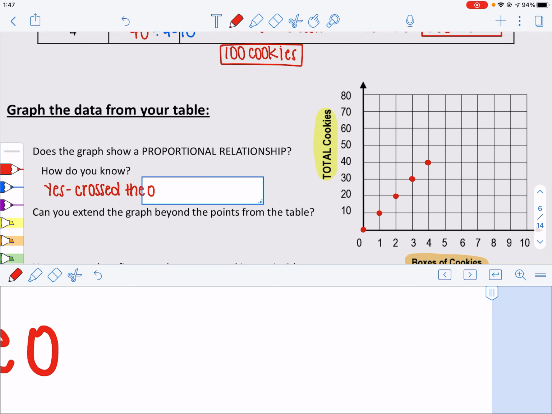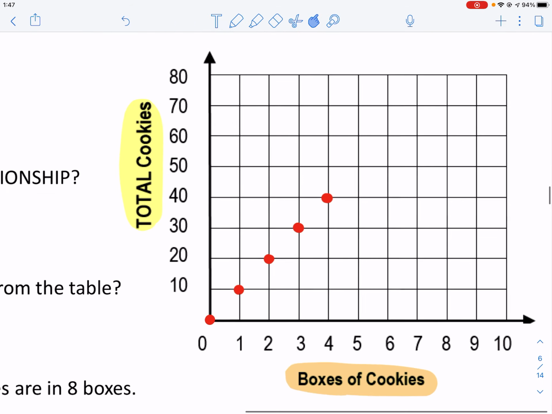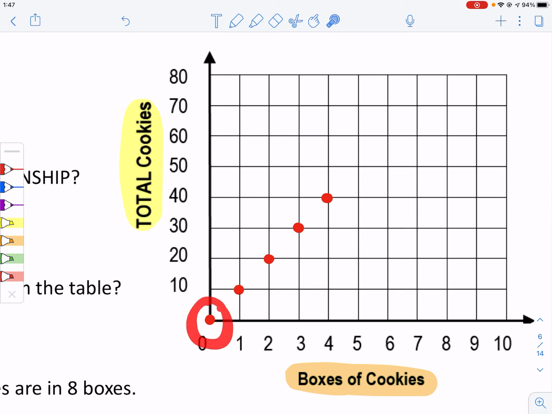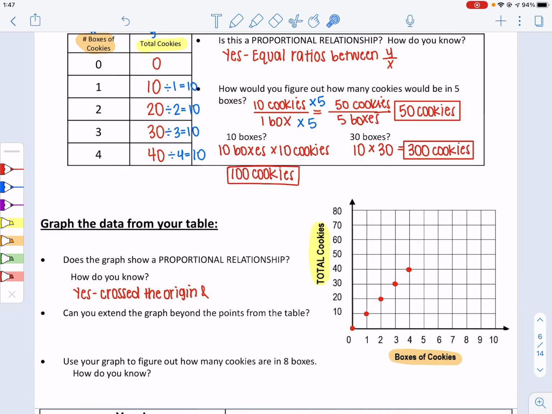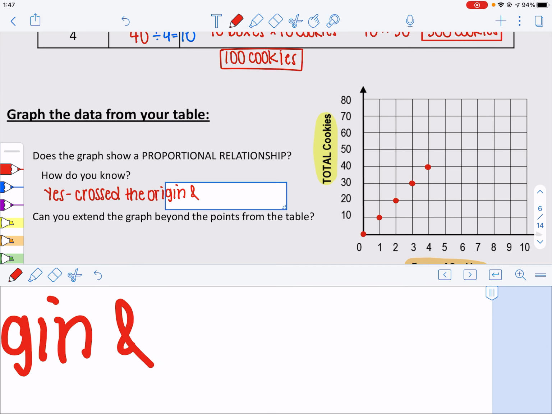Crosses the origin, and the origin is just 0, 0. And one more thing we could notice about this graph, it crosses 0, 0 right here, and then also if you were to connect these dots, they would make a straight line. So it crossed the origin and made a straight line.